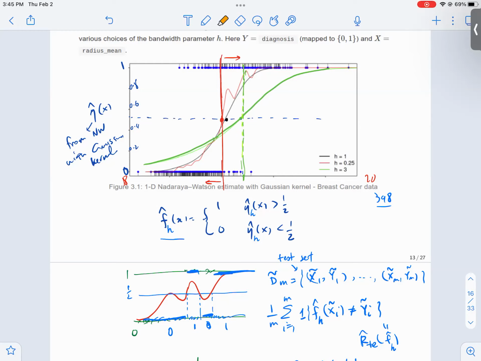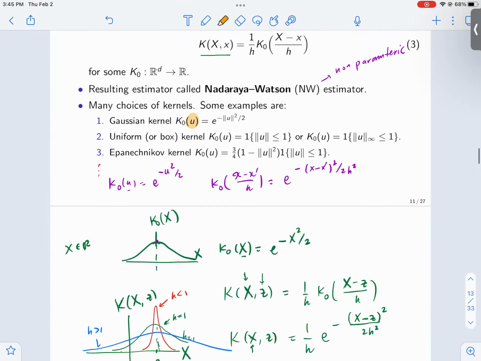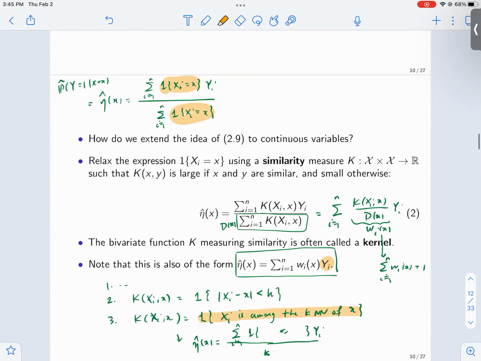Yes. The one that would minimize the test error. Yes, good. So you split your data and then you train on one part. Basically, there's no training here. You form the statistic, the eta hat, and then you evaluate it on the test data. So the x and y from the training go into constructing this, so zero training time, and then you apply it to the x's from your test set.